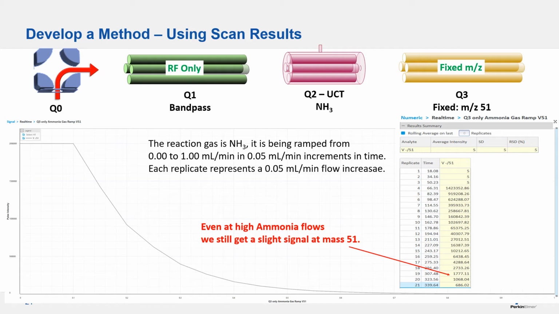So you still see, even at these higher ammonia flow rates, there's still some background. So even in our single quad instruments, even with the efficiency of ammonia, you can see how great ammonia started from a saturated count rate to down to just hundreds of counts here at 1 mL a minute. Ammonia is very effective in removing ClO. Doesn't remove 100% of it in this scenario, as you can see.